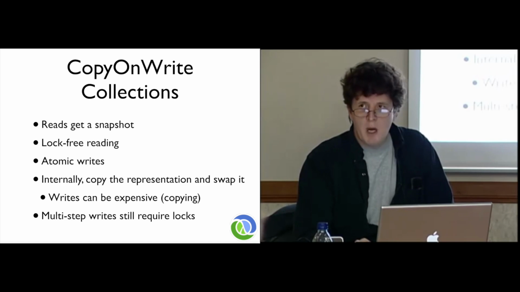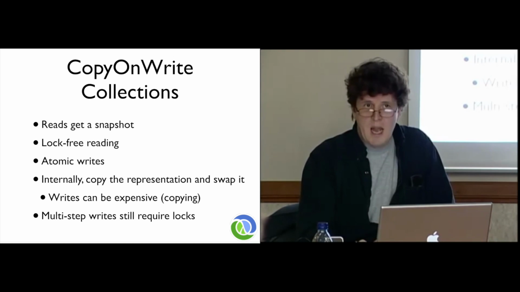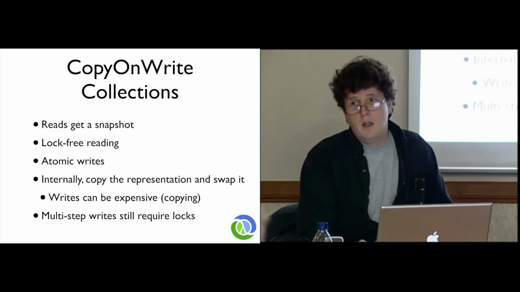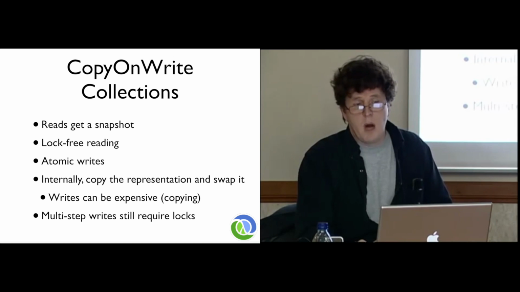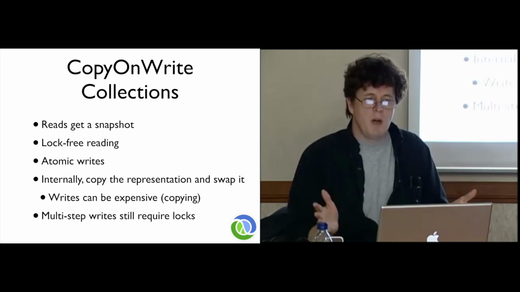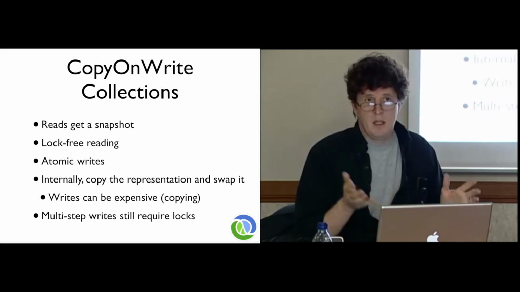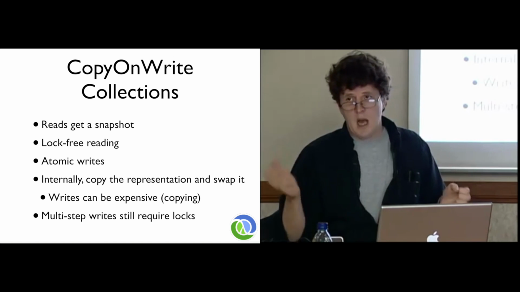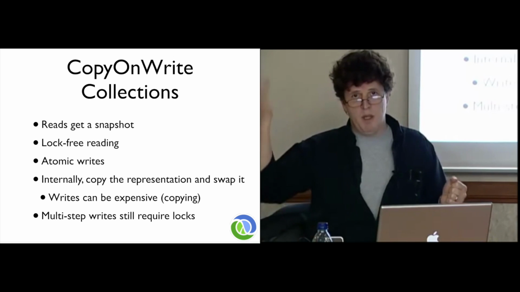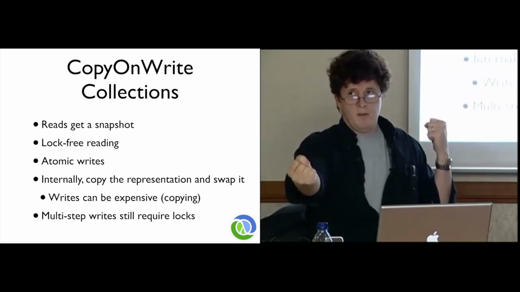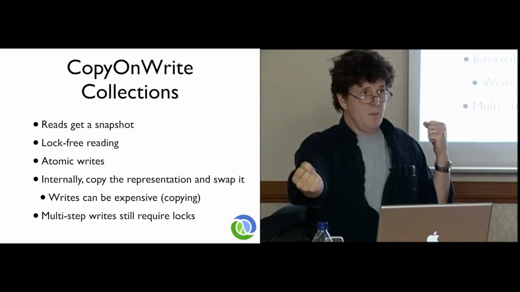What else do we have? Copy on write collections, not in C#, but in Java we do. Anybody use copy on write collections ever yet? They're kind of an unusual thing, but they have very neat multi-threaded properties. In particular, what happens in a copy on write collection is when the collection is changed, inside the implementation of the collection, a copy is made of the data, and then it's atomically swapped in for what the data that was there.